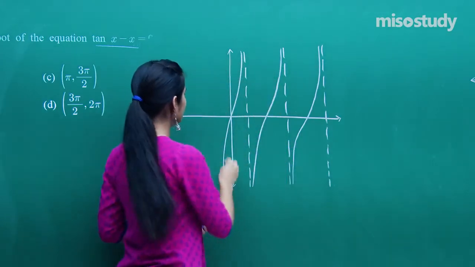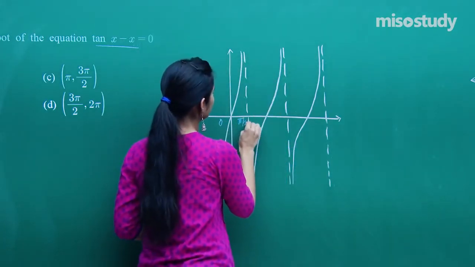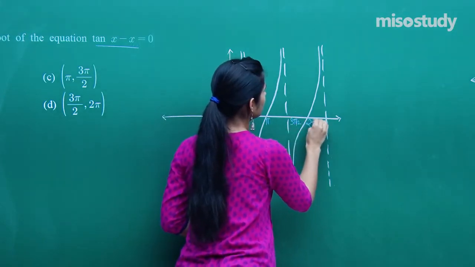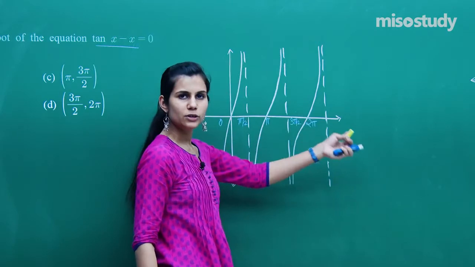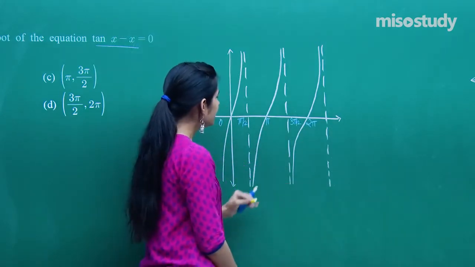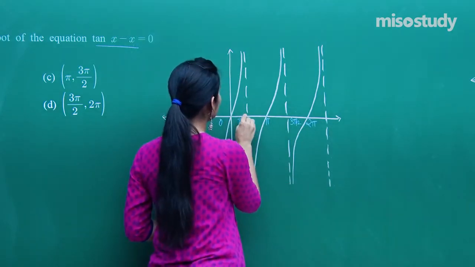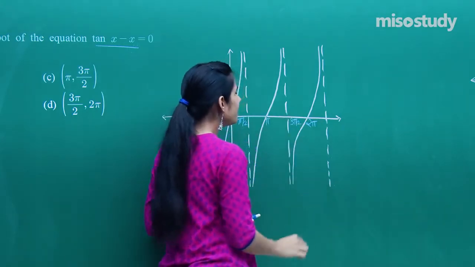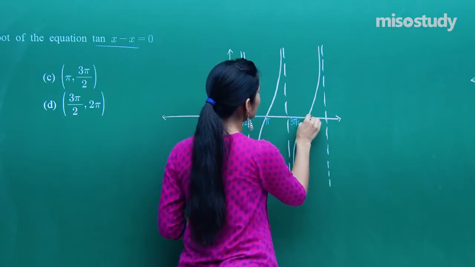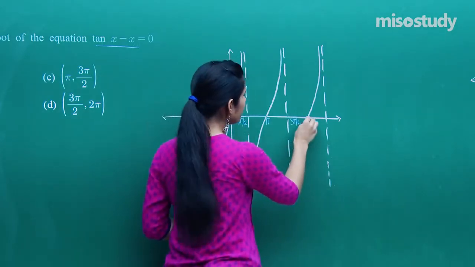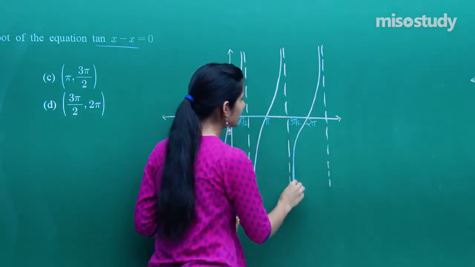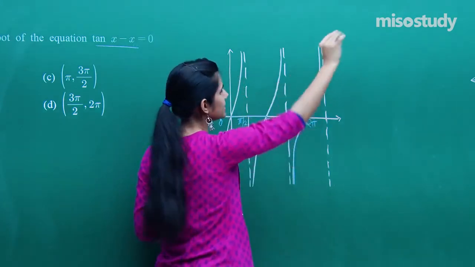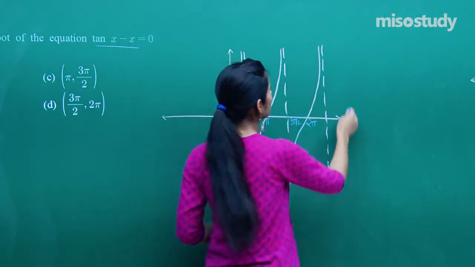This is my 0, that's pi by 2, pi, 3 pi by 2, 2 pi, and then 5 pi by 2 and so on. So over here we have done from 0 to pi by 2, there is no solution. Pi by 2 to pi, no solution. Pi to 3 pi by 2, I don't know still, but 3 pi by 2 to 2 pi, again the function is less than 0, that's negative.